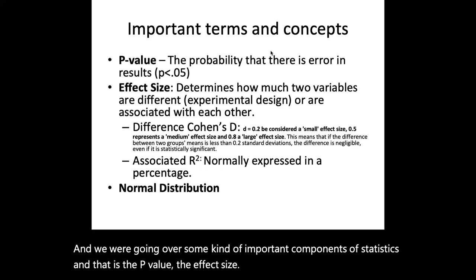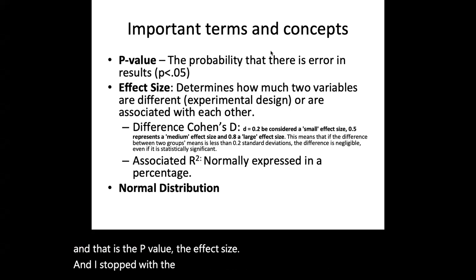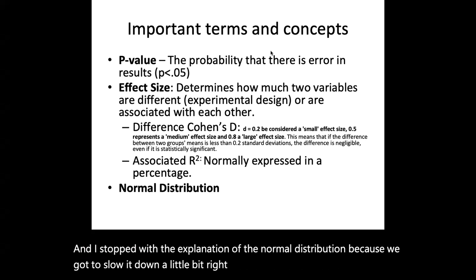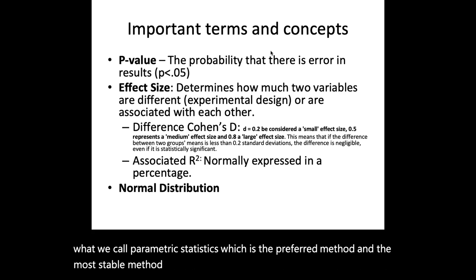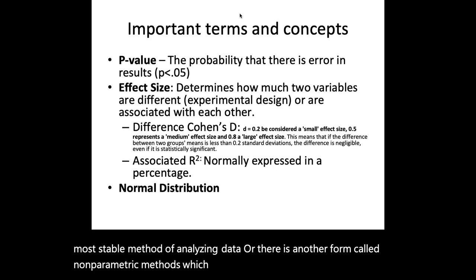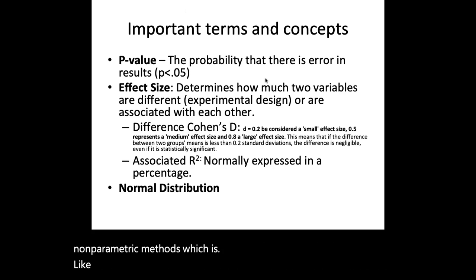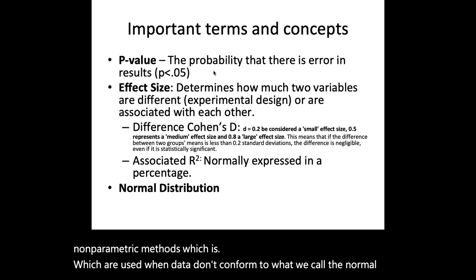And I stopped with the explanation of the normal distribution because we got to slow it down a little bit right here to really understand when we use what we call parametric statistics, which is the preferred method and the most stable method of analyzing data, or there is another form called non-parametric methods, which are used when data don't conform to what we call the normal distribution, and it's more of a categorical type of variable.